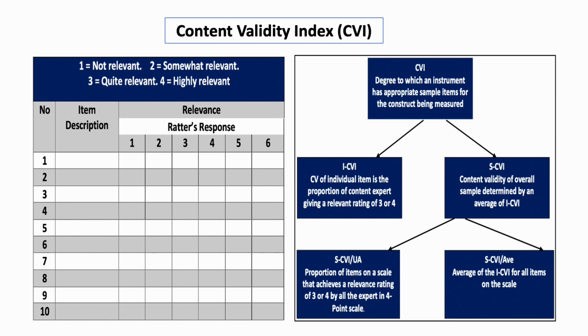The sample CVI average is the average of the ICVI for all the items on the scale, whereas the SCVI universal is difficult to achieve, but if one achieves it, it tells about very high quality of content validity of the questionnaire. It is the proportion of items on a scale that achieve a relevance rating of agreement, fully agreed by all the experts involved, with their opinion given on a 4-point Likert scale.